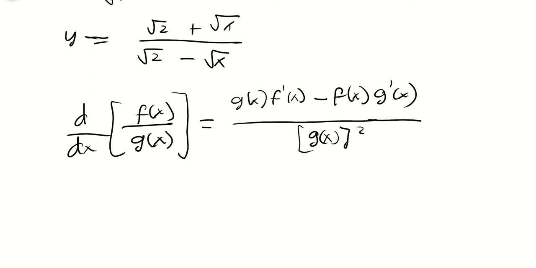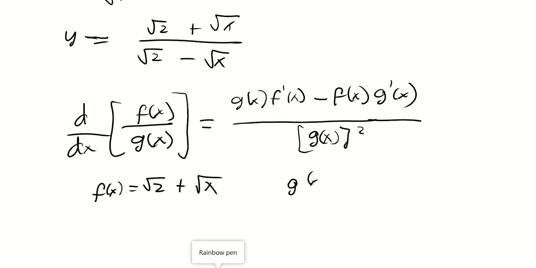So we can denote that f of x is equal to the square root of 2 plus the square root of x. Then g of x will be equal to the square root of 2 minus the square root of x.